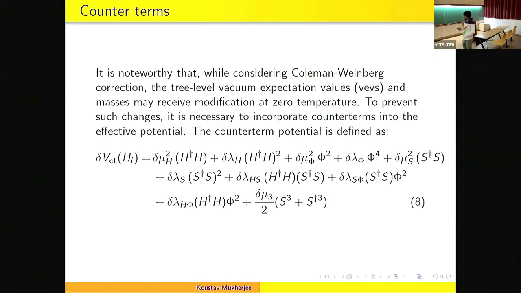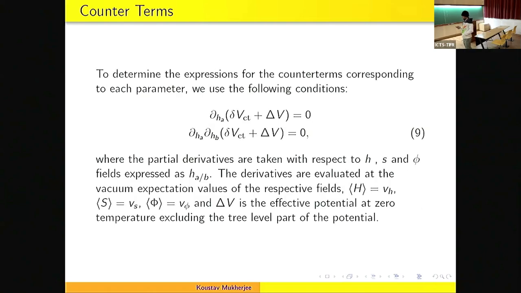Calculating these counter terms requires the condition that the first derivative of delta VCT plus delta V, which is the effective potential at zero temperature minus the classical part of the potential, and also this double derivative part, vanish, because this will ensure the vevs to be intact, and this will ensure the masses to be intact.